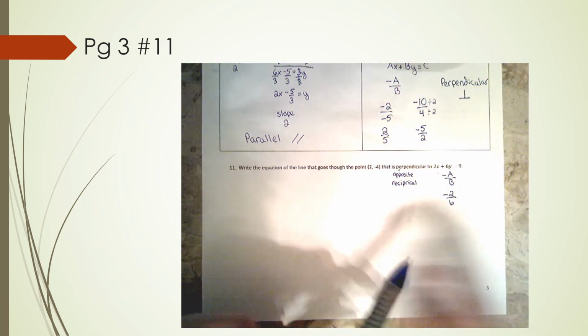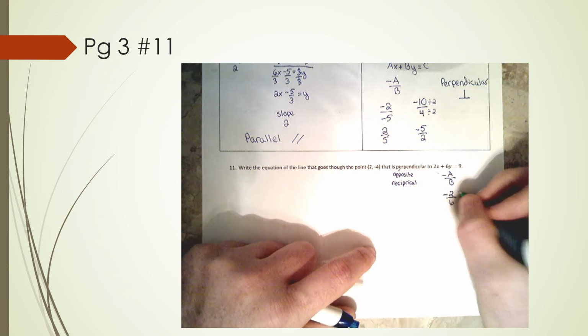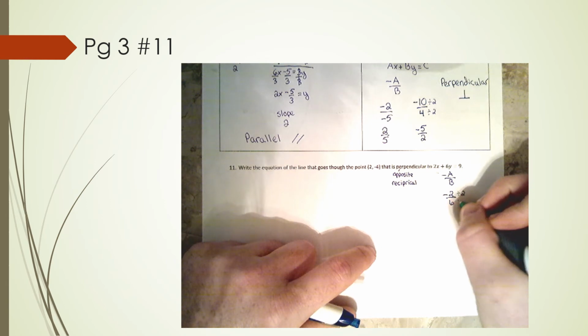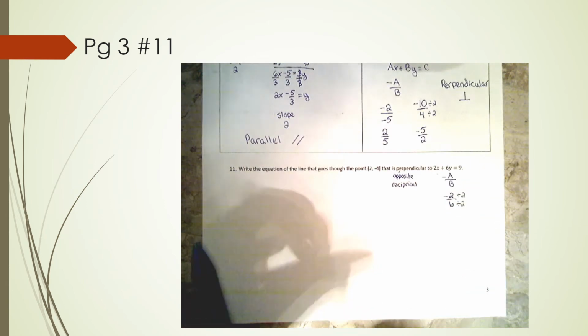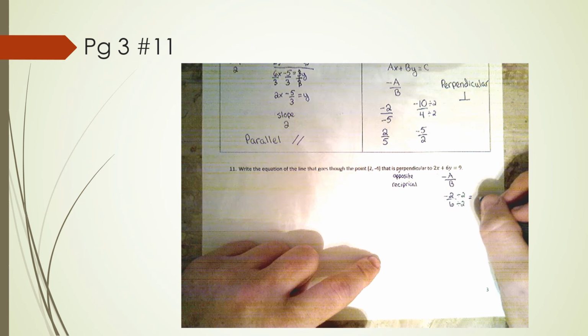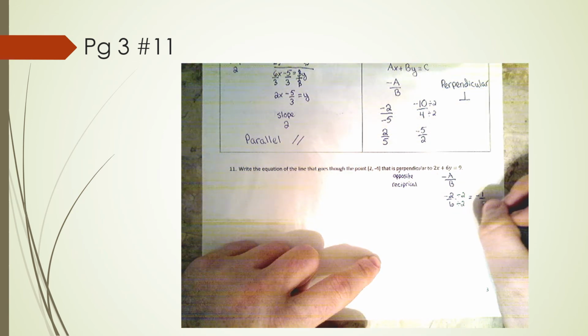This can simplify down by doing a greatest common factor of 2. And this would give me -1 over 3.